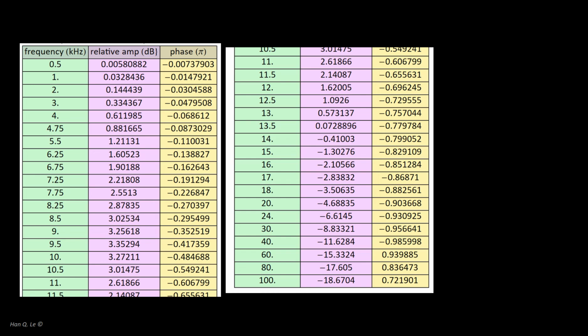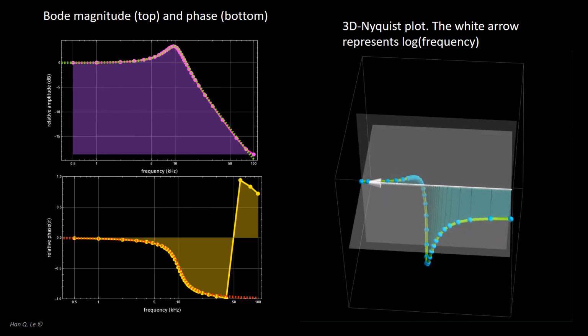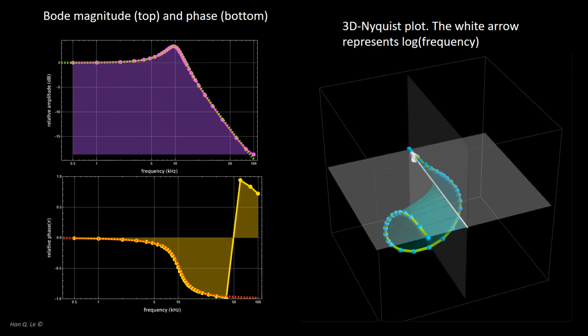The circuit frequency response was measured with 35 sinusoidal inputs. The frequency ranges from half a kHz to 100 kHz. Fine data points were taken near the resonance to study its behavior. The Bode plots are shown on the left, the 3D Nyquist plot is shown on the right.